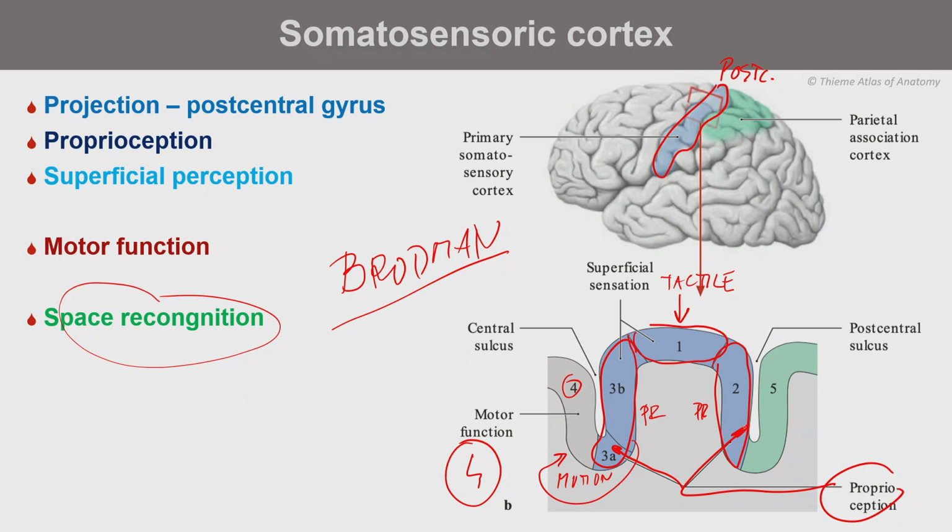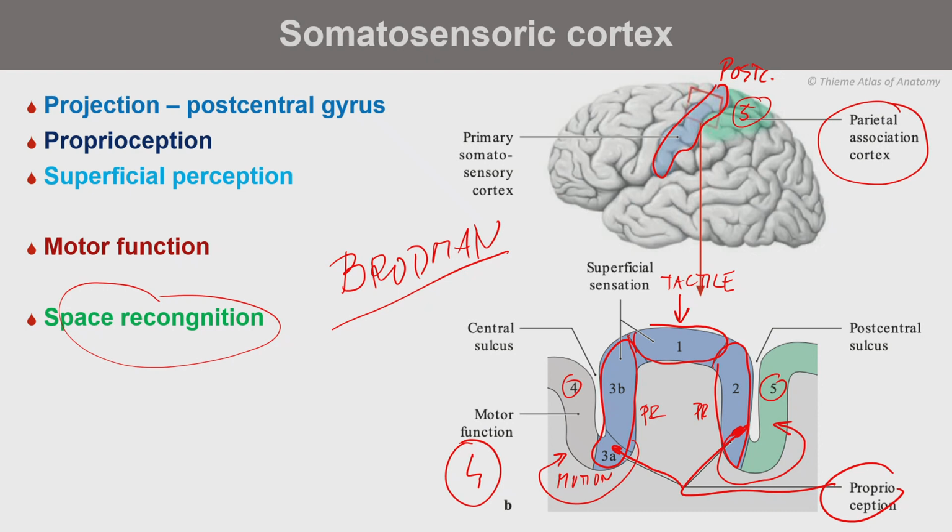And the second information is going to this, and here is a short way to the fifth territory, and the fifth is the parietal association cortex, which has a very important role in recognition of space. And the recognition of the space here is space and occupation of a space by your body parts.